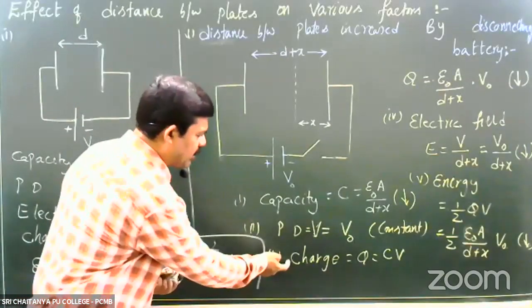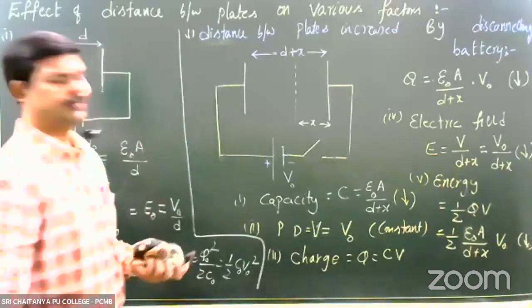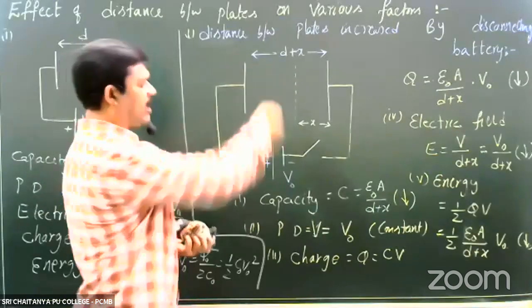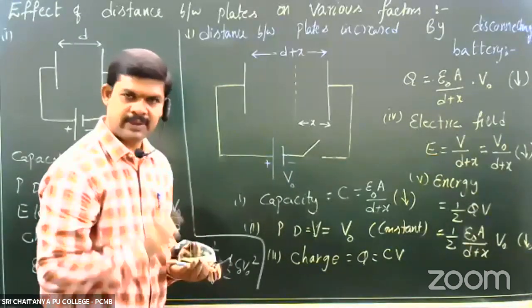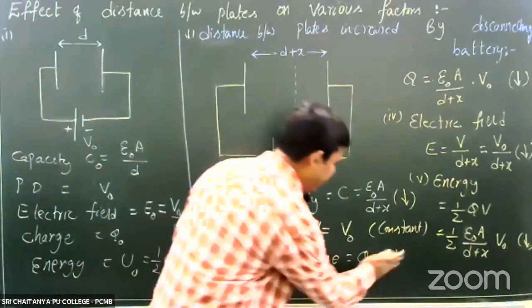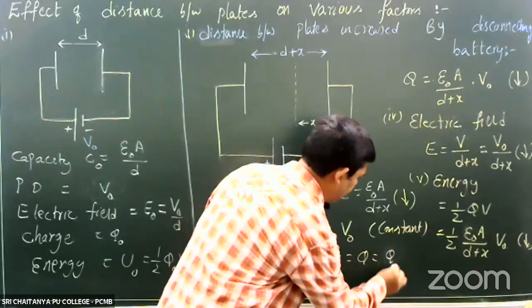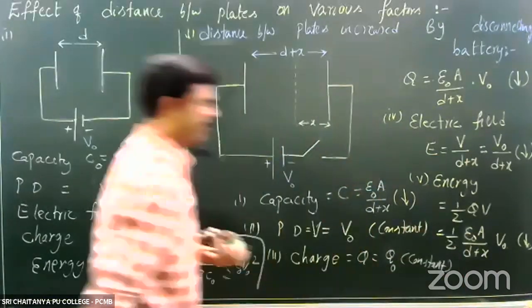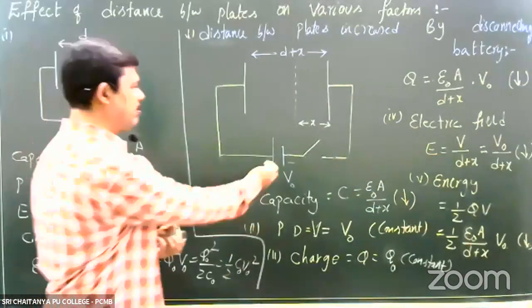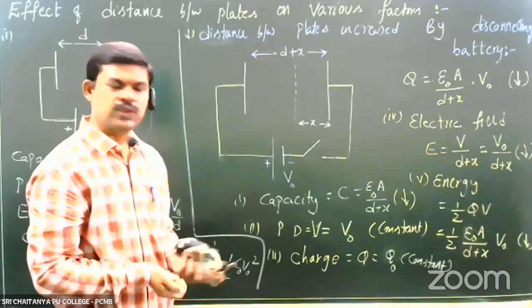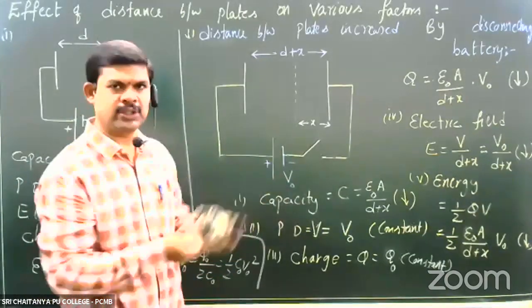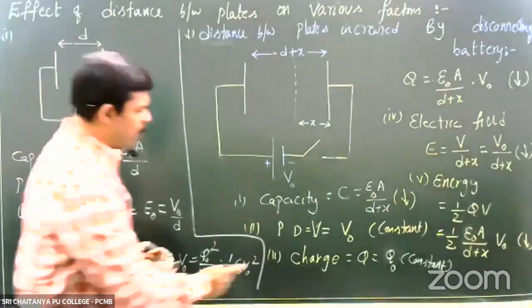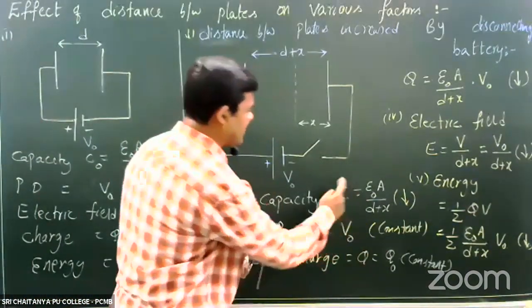And what happened to the charge? There is no chance of decreasing or increasing the charge, so charge remains the same. Because the battery is not in connection, there is no source to take or give out. So charge is constant while capacity is decreased.